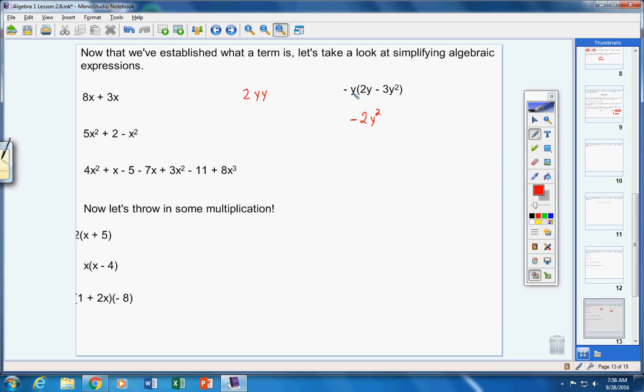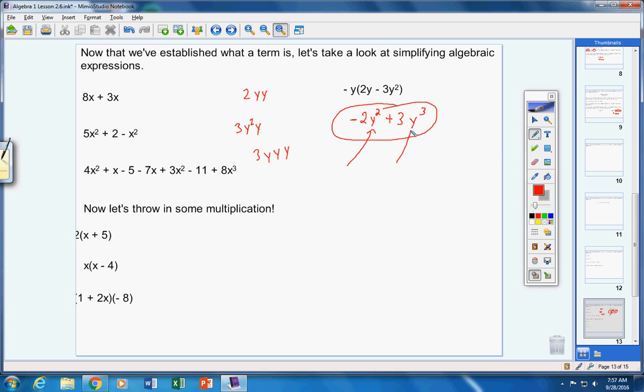Got it? Y times 2y is 2y squared. Negative times a negative squared term.